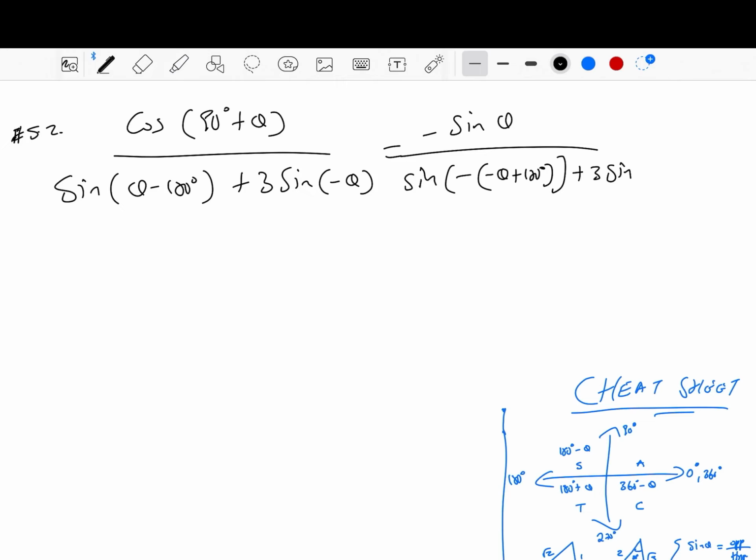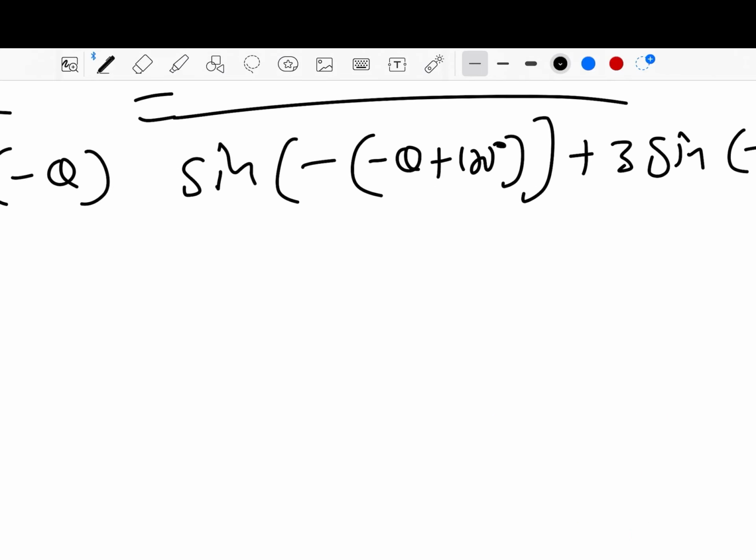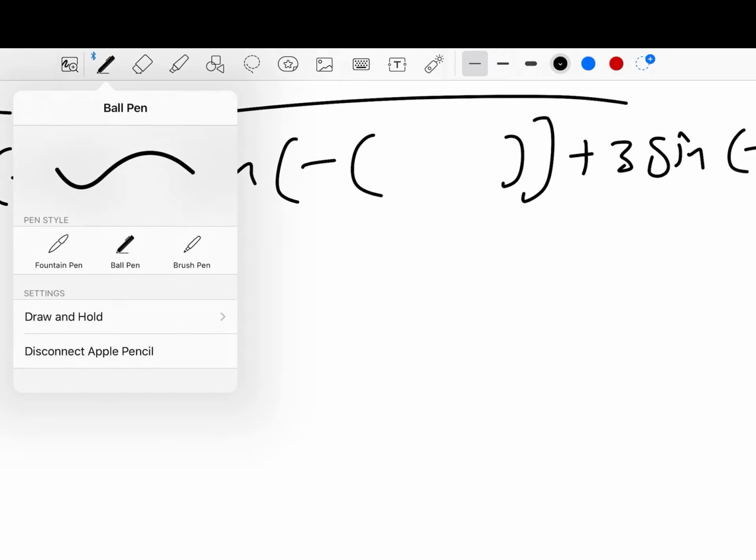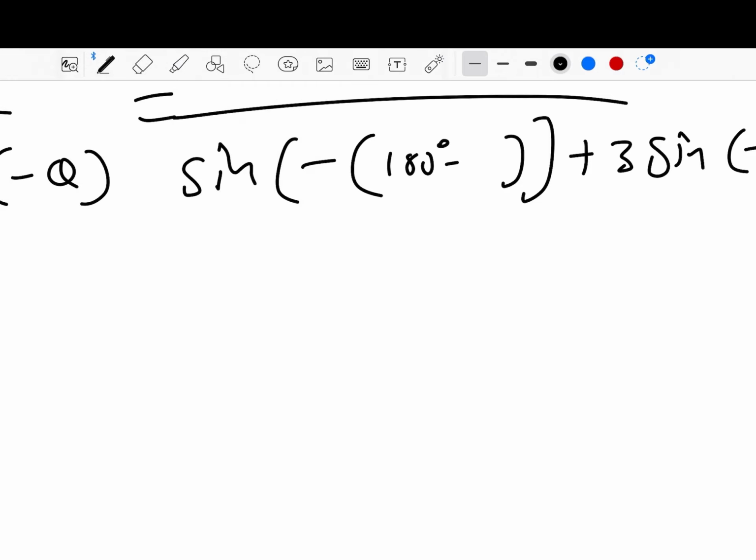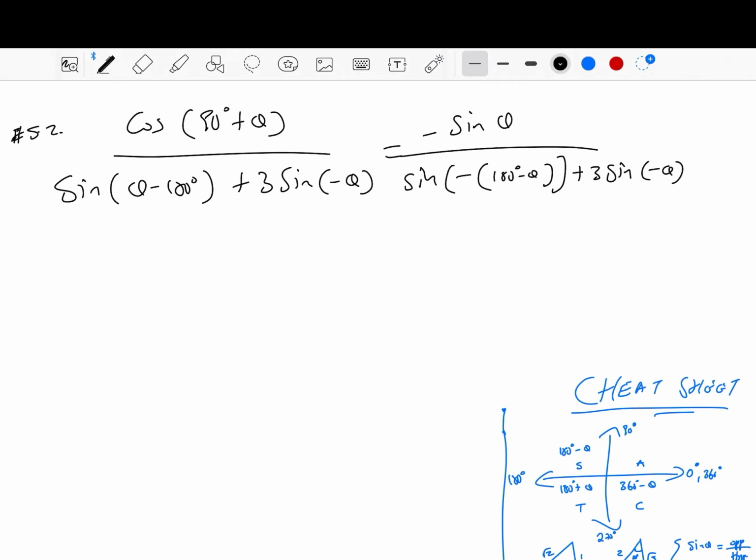And negative theta plus 180 can be written as 180 minus theta, because we are familiar with that format. That's how we're factoring out the negative. And then from here we have negative sine theta again.